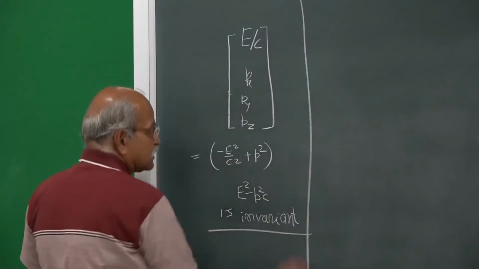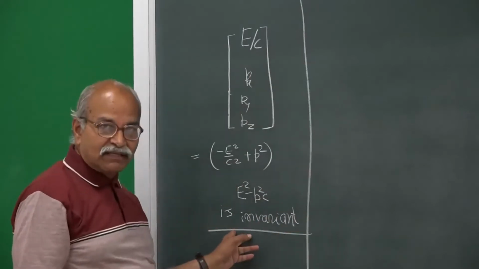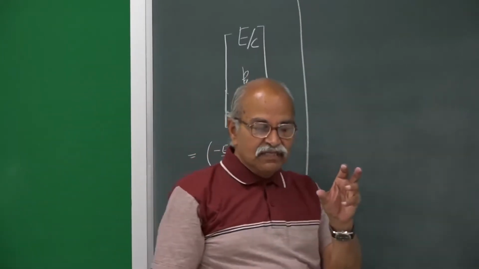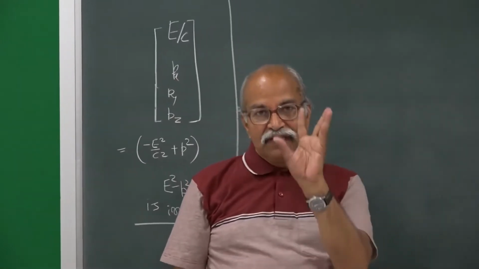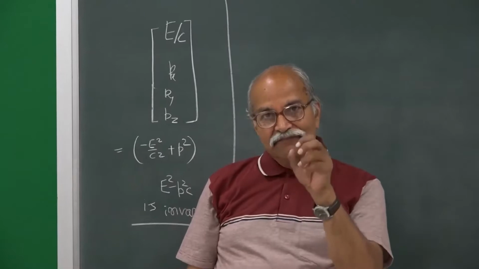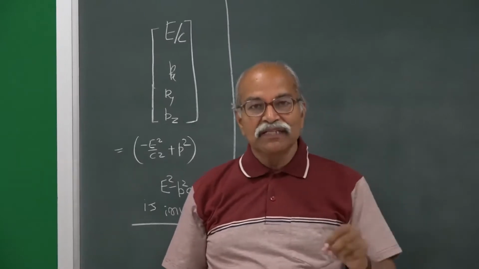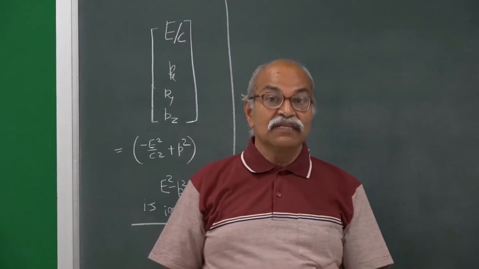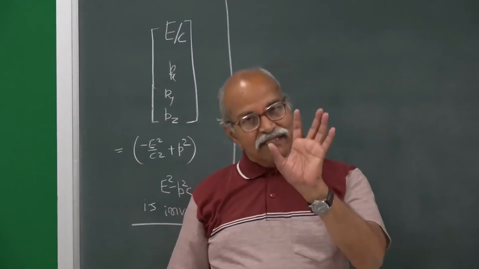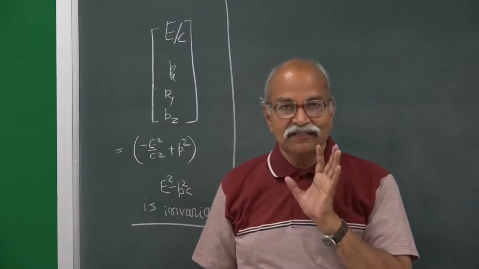Now, we can check this for a single particle. A single particle means the inner structure does not change. If there are subparticles, if there are parts, and the movement of the parts or interaction of those parts does not change, we can treat it as a single particle.